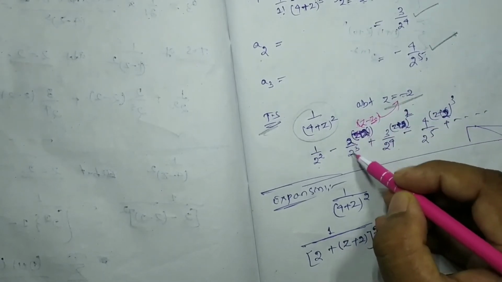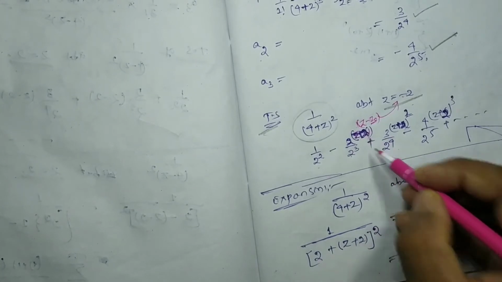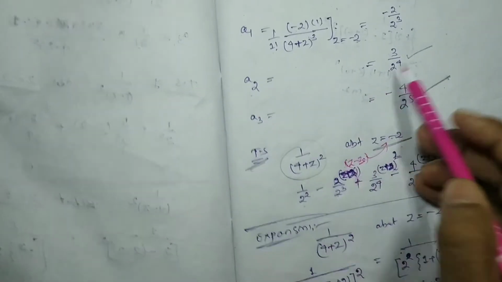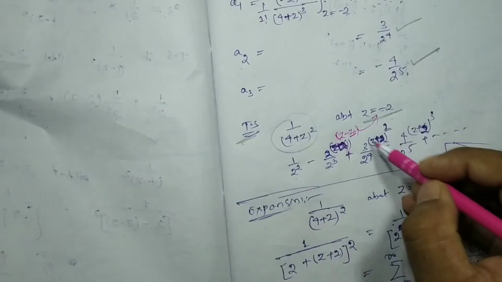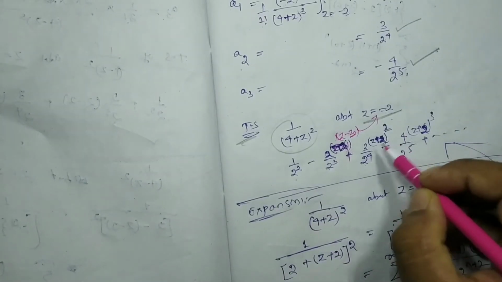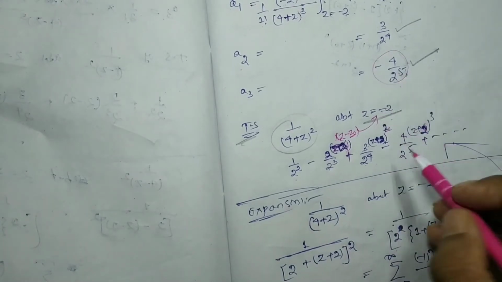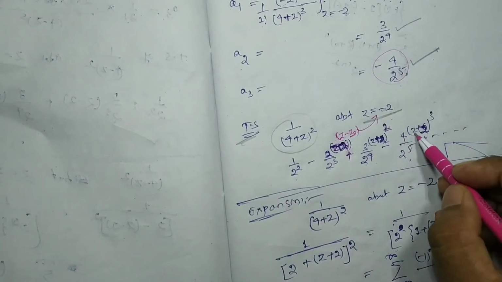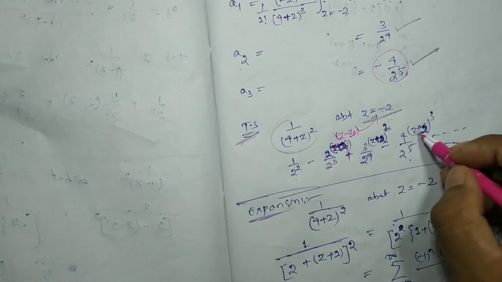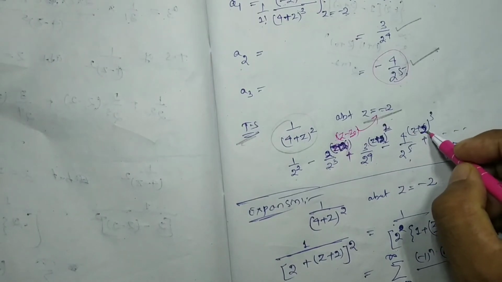So minus 2 by 2 cube into z plus 2, plus a2 is 3 by 2 to the power 4 into z minus z0, that means z plus 2 to the power 2, then minus 4 by 2 to the power 5 into z plus 2. Here see, z minus z0, where z0 is the point about which we find the Taylor series.